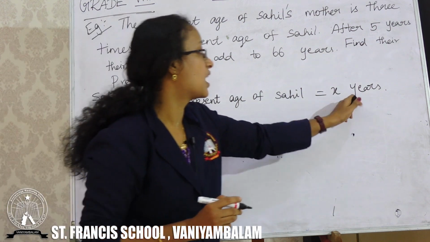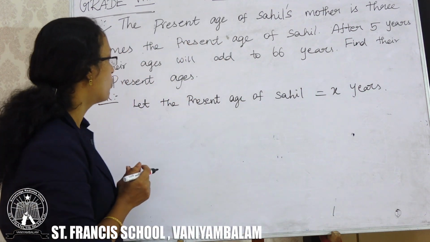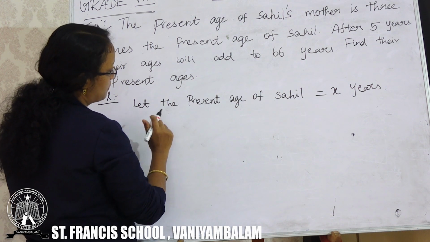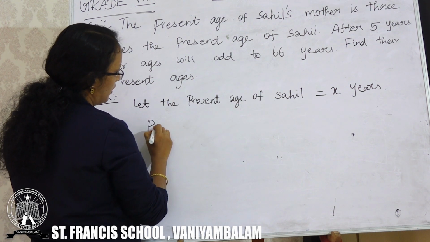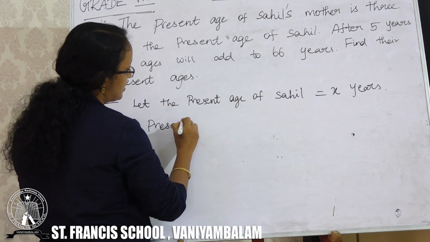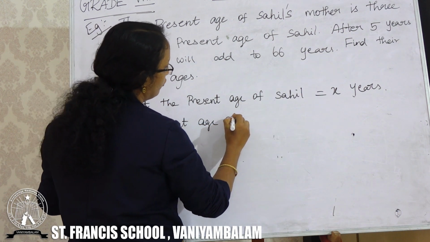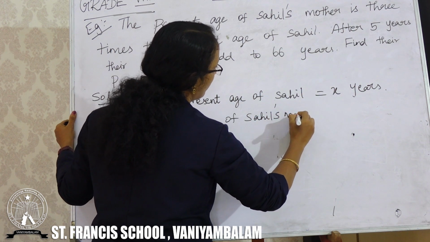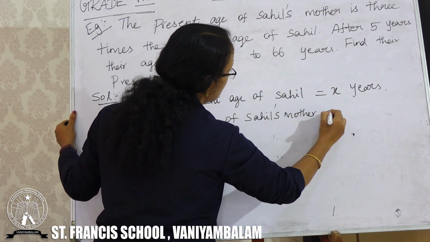Let the present age of Sahil be x years. So what will be Sahil's mother's present age? Present age of Sahil's mother. So what will be the mother's present age?